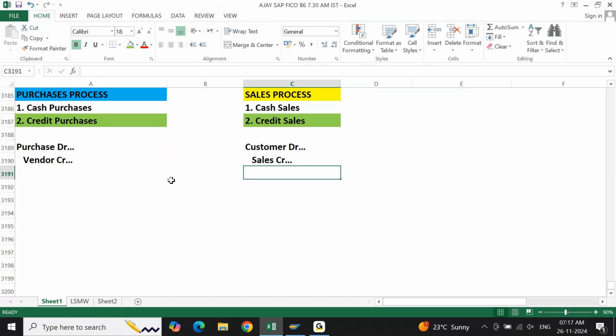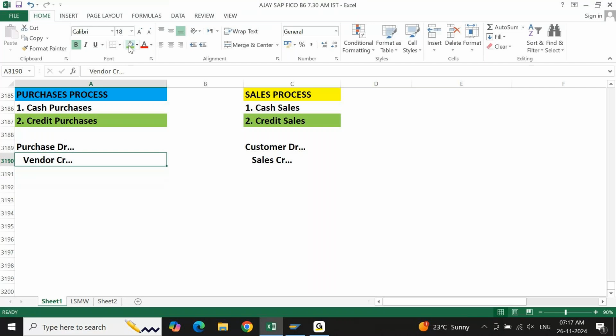The moment you're writing a vendor account or a customer account in any journal entry, remember blindly it is your credit purchase or credit sale. Am I correct? Yes, because you're creating a liability in the vendor account, and you're creating an asset in the customer account.